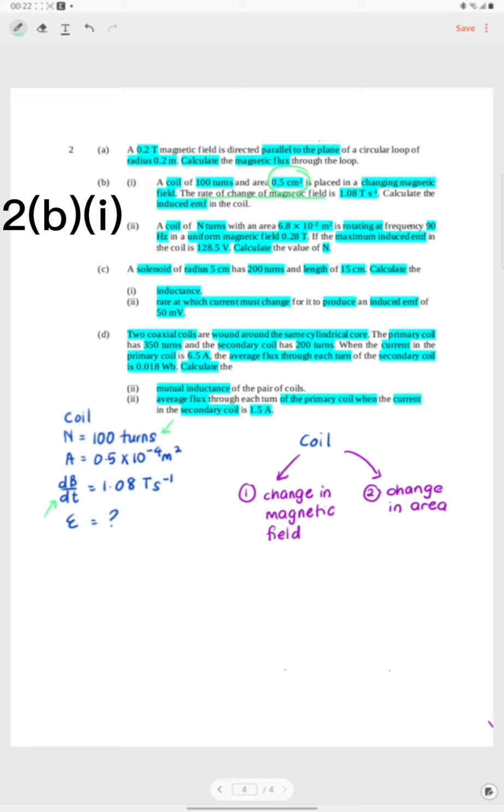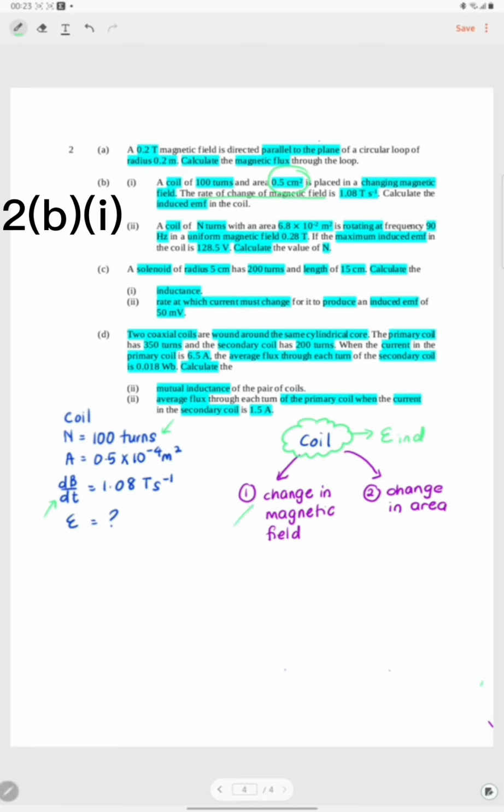Before we proceed with this calculation, let us recap the concept that we need to know if we have a coil case. We need to think first, what is the equation that we need to choose from the list of formulas? The coil will experience induced EMF due to two changes.